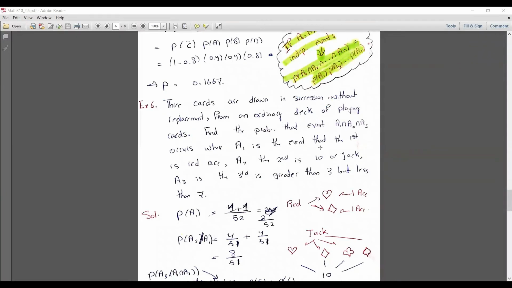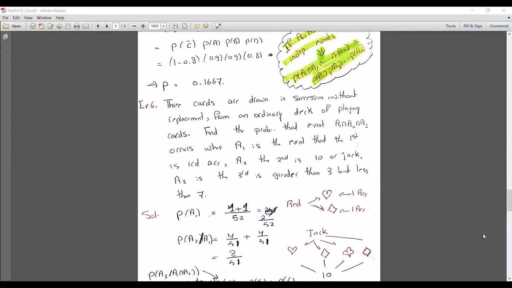First is a red ace. Okay, how many aces do we have in an ordinary deck of cards? We have 4 aces. 2 of them are black, and 2 of them are what, guys? 2 of them are red. So probability of A1 is 1 plus 1 over the total number of the sample, which is 52.